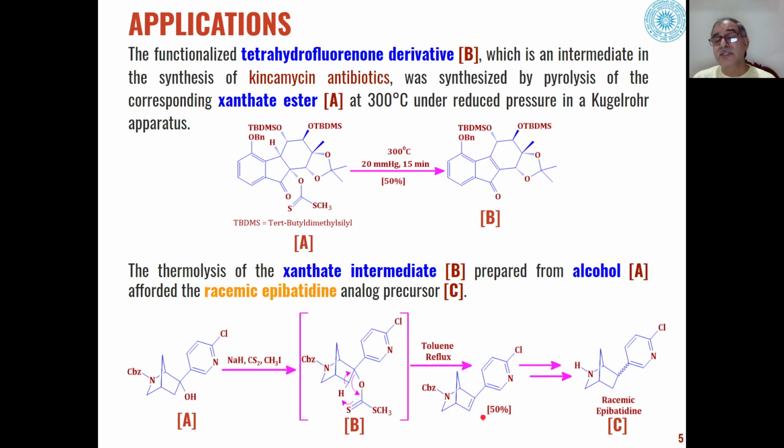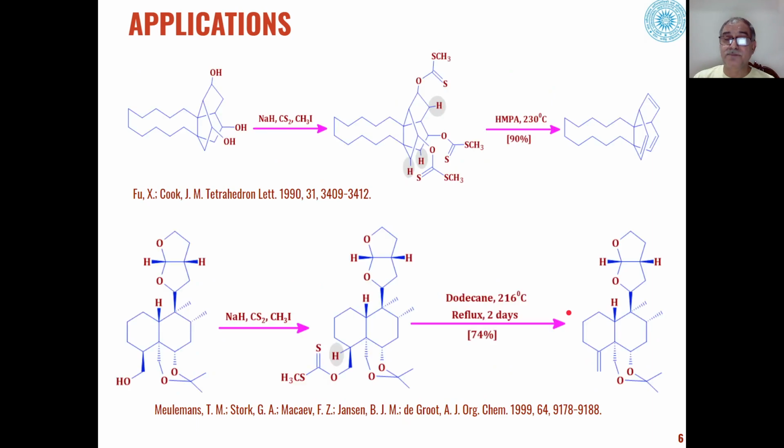So alkenes are formed as the product. So further reaction of this alkene, reductive elimination of this group, this group is replaced by hydrogen, and reduction at this carbon-carbon double bond takes place, and we can synthesize these types of epibatidine alkaloids as the product.